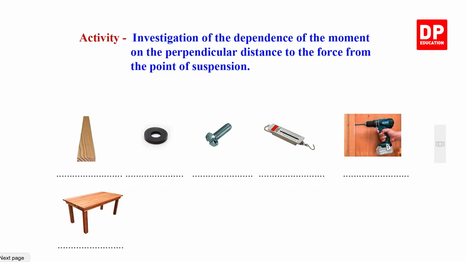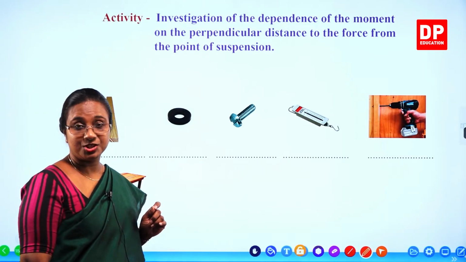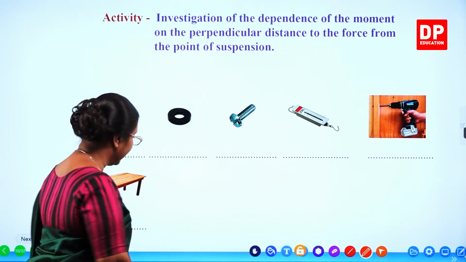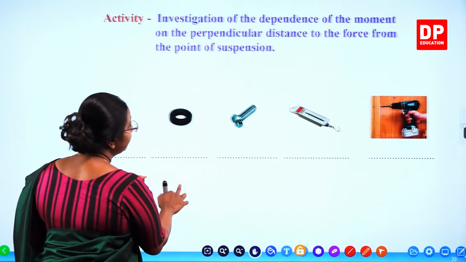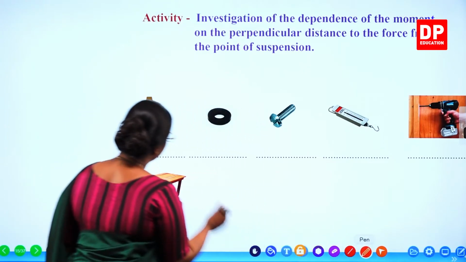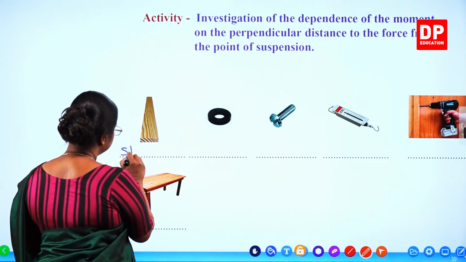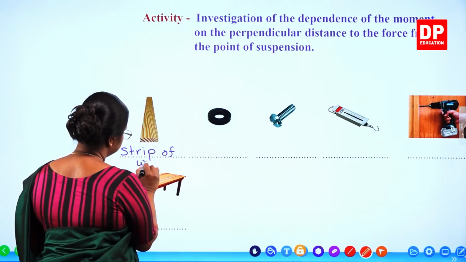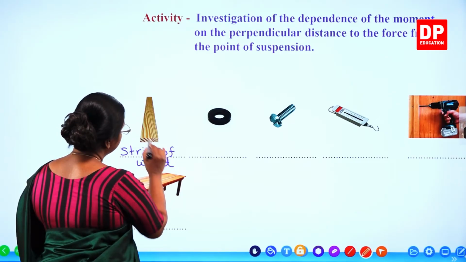Activity: investigation of the dependence of the moment on the perpendicular distance to the force from the point of suspension. So to do this activity, these are the materials that we need. We need a strip of wood or plank of wood.